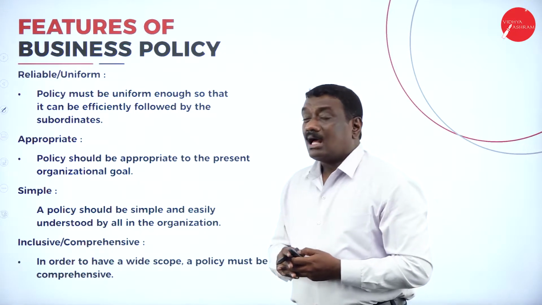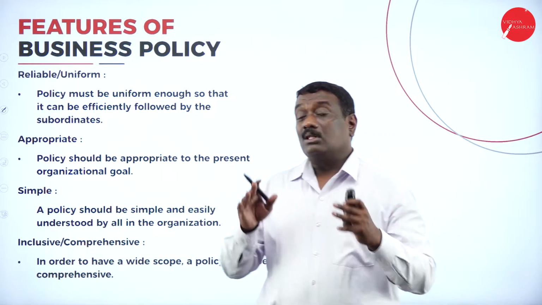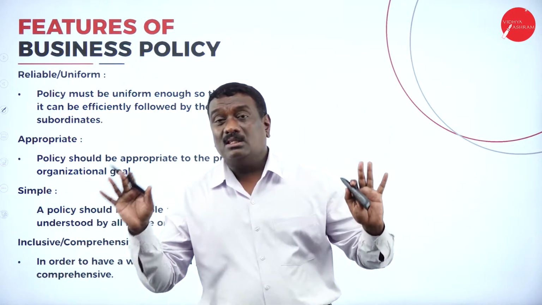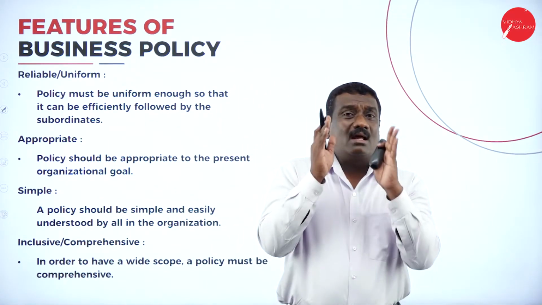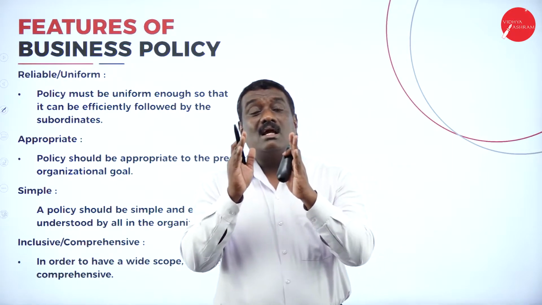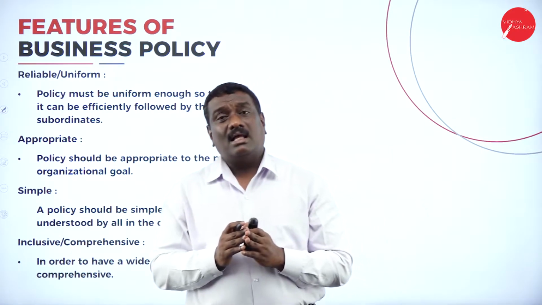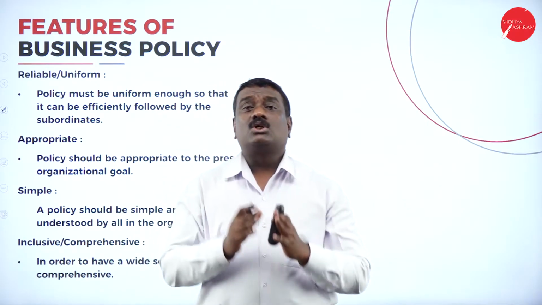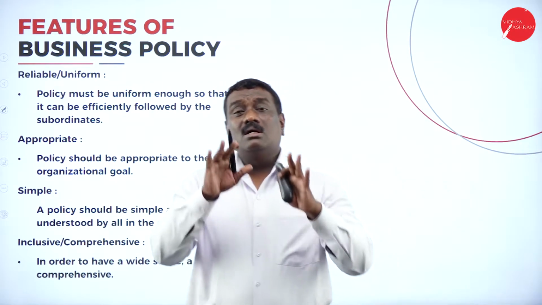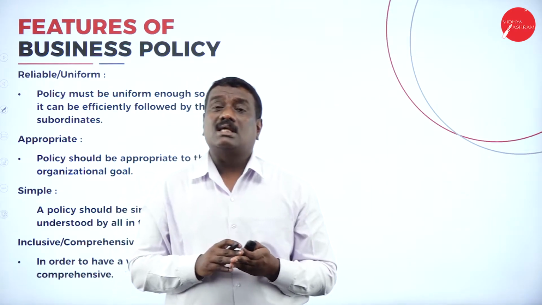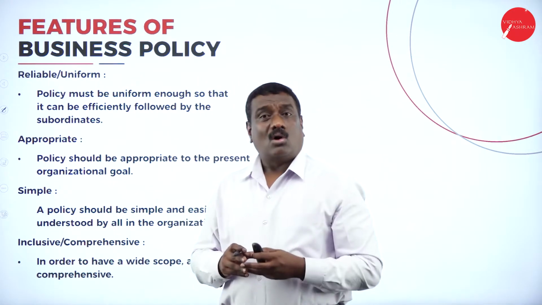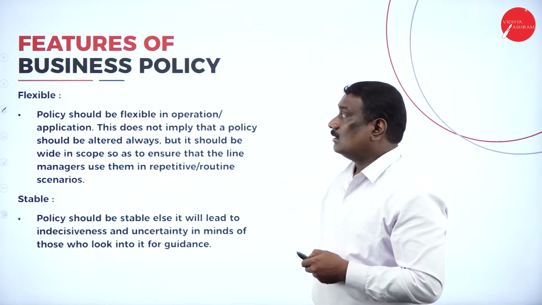Then it should be reliable or uniform. Whatever policies you make in the organization should be reliable. That means everyone should accept that policy, and thereby uniformity should be maintained. Everyone should follow the same policies all over the organization.